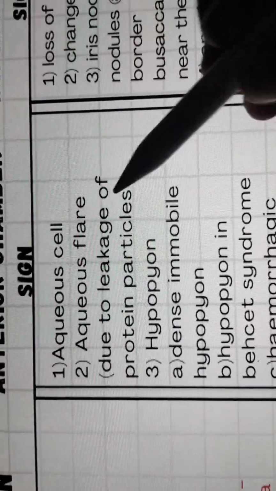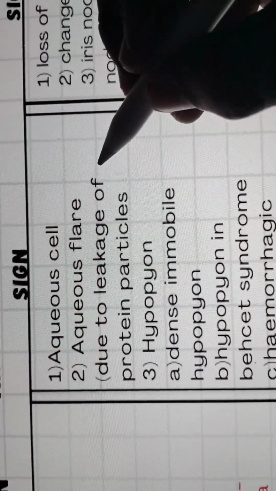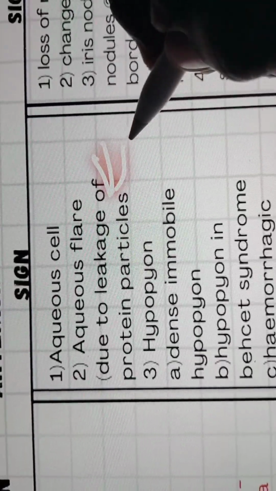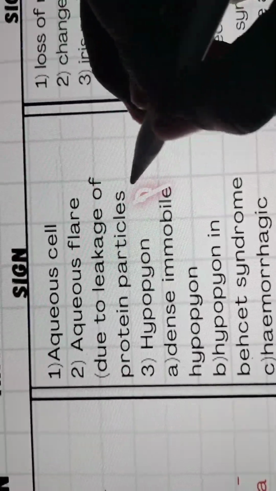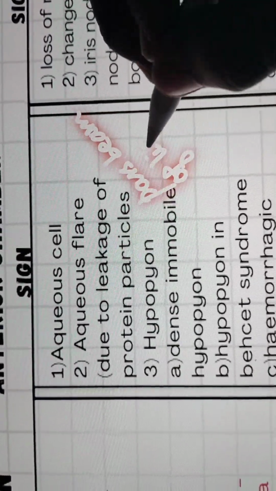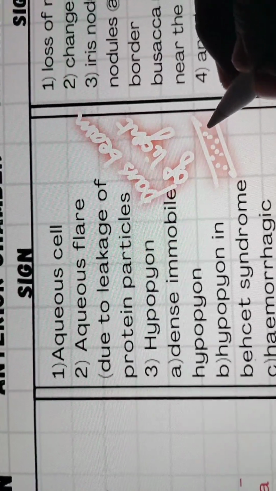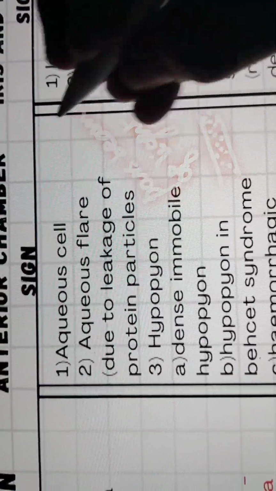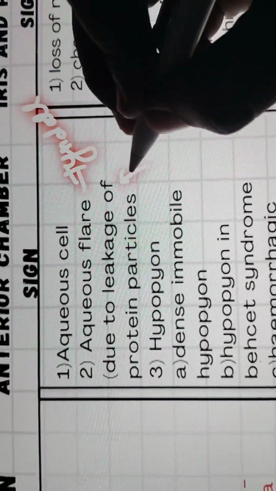So usually in the aqueous flare, what we will do is we will pass a beam of light to the eye. So what will happen? The particles will be seen in the beam of light, and that is also known as Tyndall phenomenon.